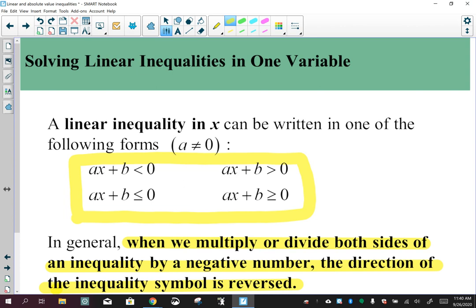Say it one more time. When you multiply or divide by a negative number, if any of those are negative, when you do that division piece to get x by itself, if it's a negative number, you will flip that inequality sign.